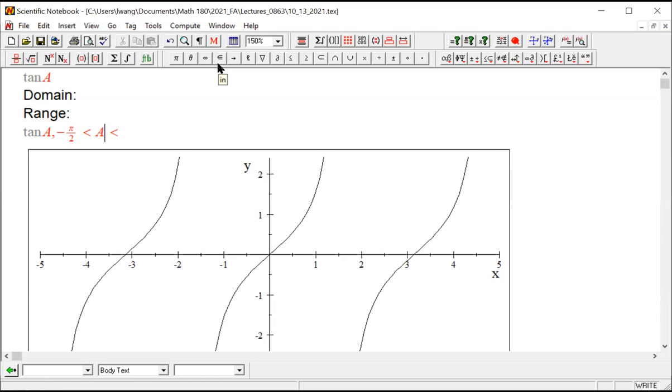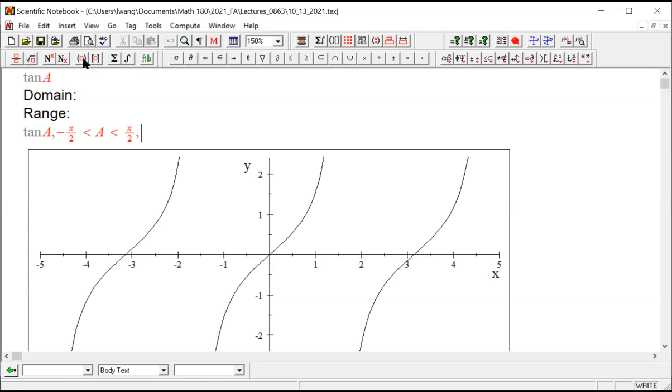You may want to notice that this is not exactly the same as what we did for sine, where we used less than or equal. Why are negative pi over 2 and pi over 2 not included?